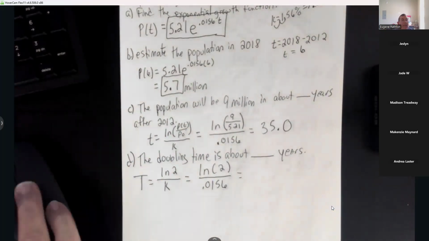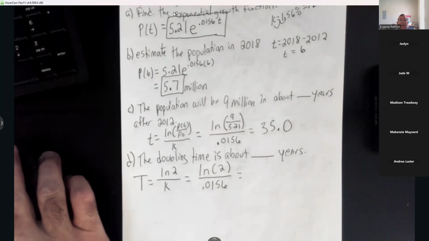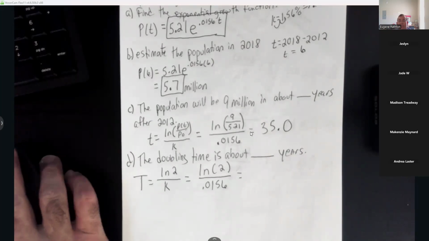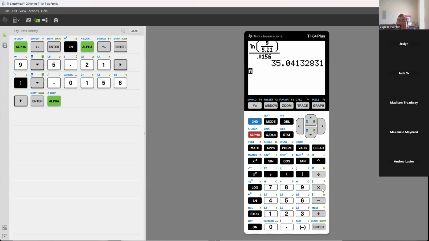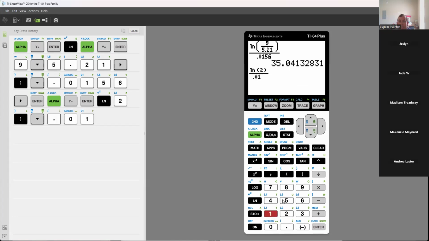So y'all, let's punch that in. Ln of 2 divided by 0.0156. And I'm going to make that look like a fraction. Alpha, y equals, and enter. On top was an ln of 2, close parentheses. On bottom was my k, 0.0156.